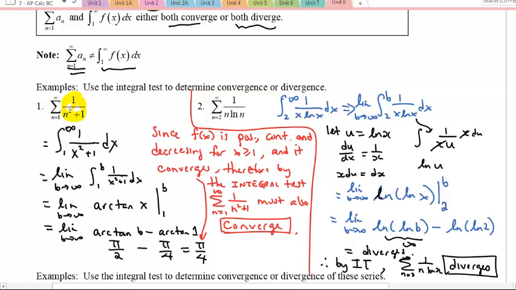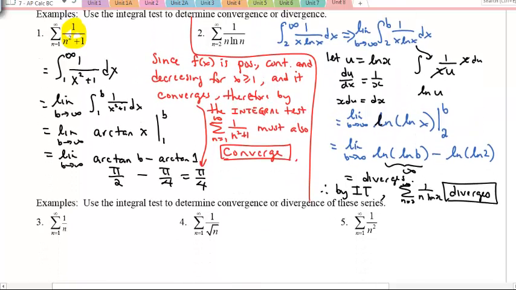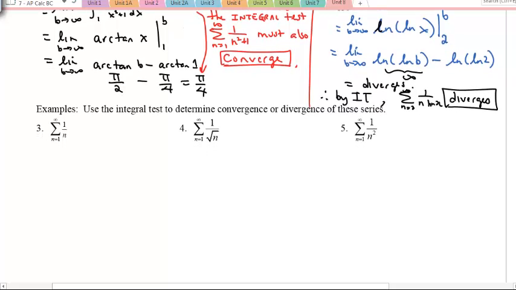Okay, I'd like you to do the same thing for examples 3, 4, and 5. Once again, I am asking you to use the integral test. Once again, you should be checking to see if they're positive, continuous, and decreasing for all x values bigger than or equal to 1. I'll tell you they are.